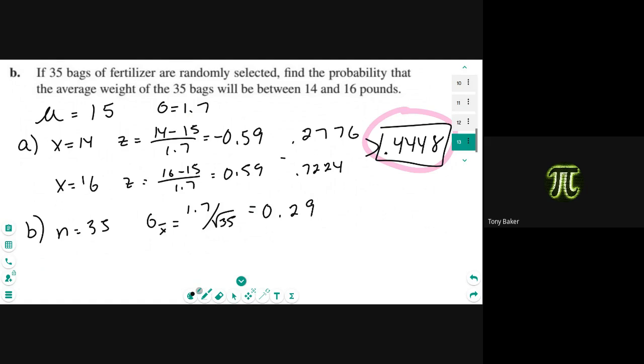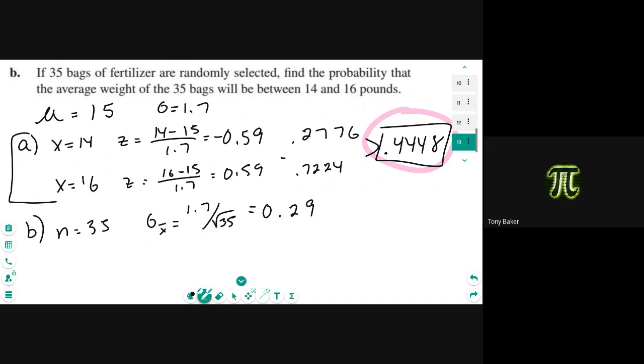Let's see. Find my x's and z's. Same thing we did before. So you're going to do the exact same thing here. The only difference is 1.7 becomes 0.29.